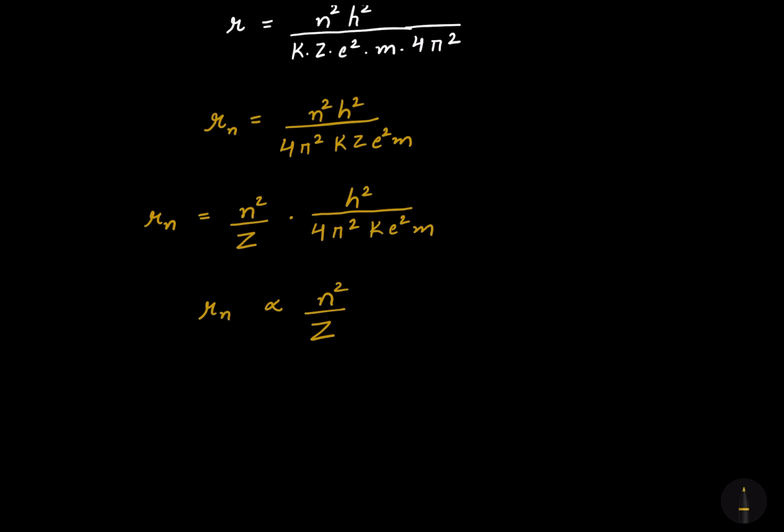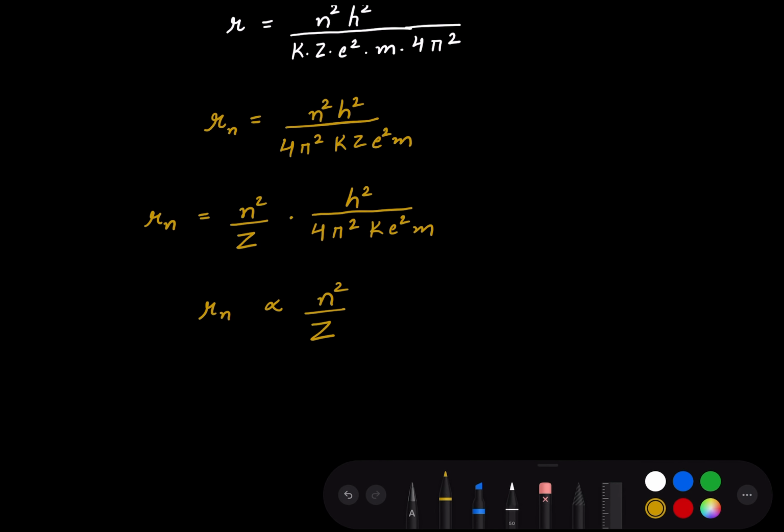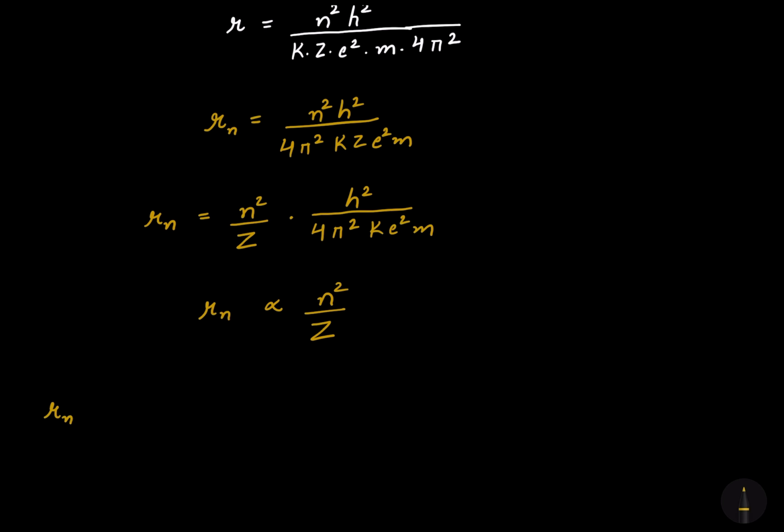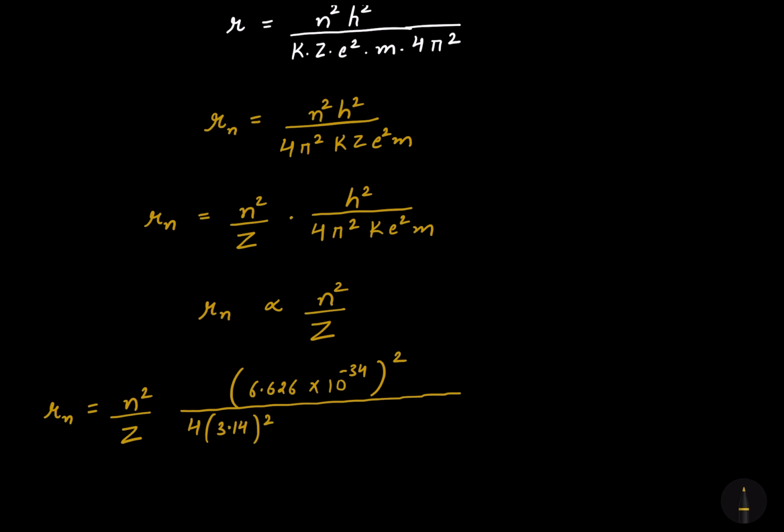Now let's put in the values of all the constants. The radius of the nth orbit is n square divided by z, times h square over 4 pi square k e square m. What's the value of h? It's Planck's constant, 6.626 into 10 raised to the power minus 34, squared. Divided by 4 times pi, which is 3.14, squared.